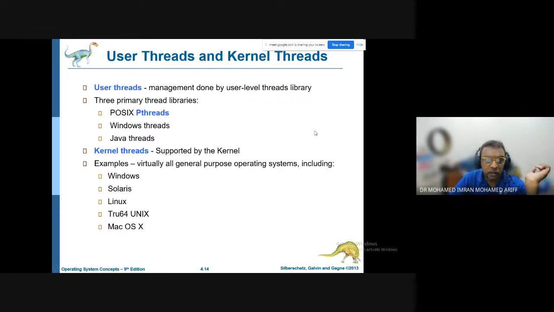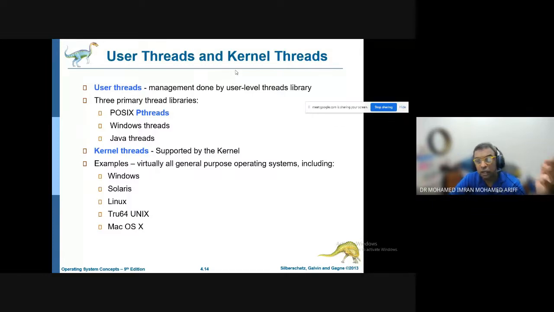Now we jump on to what is a user thread and what is a kernel thread. A user thread is all the processes that the user runs. The operating system will handle the user threads.